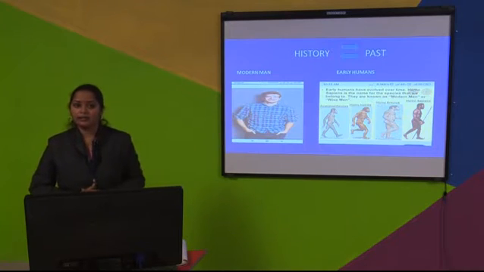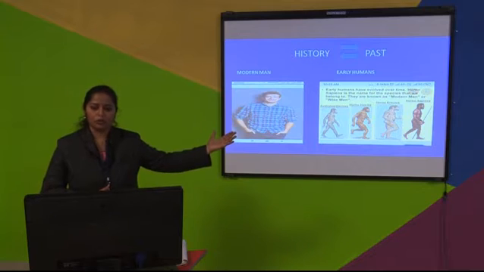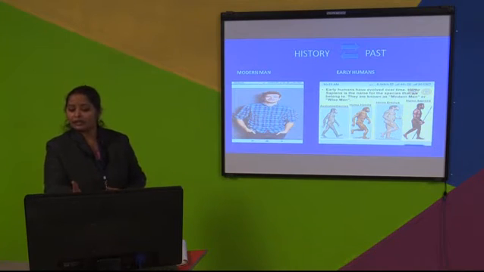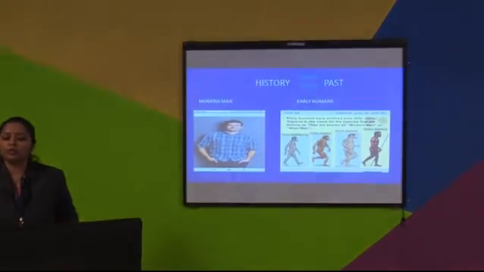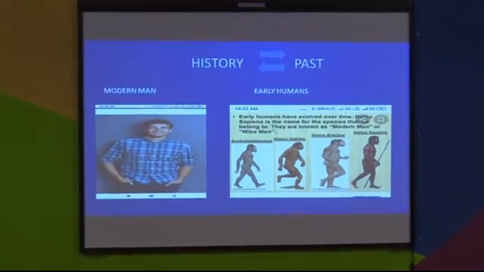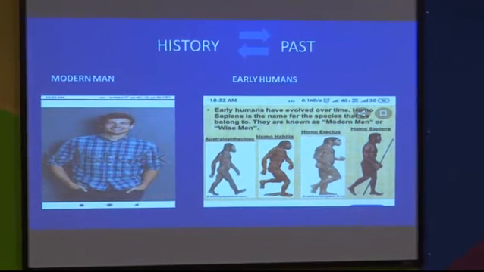So our ancestors all belong to this early human age, okay? And there are given the 4 stages of early humans, and we as persons today belong to the Homo sapiens family, okay? That is also known as modern man or wise man.